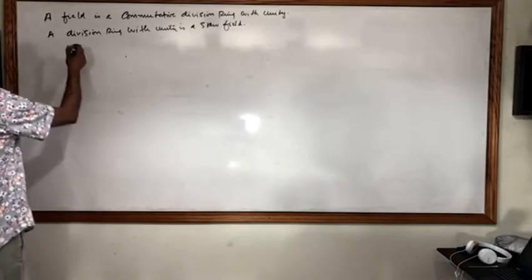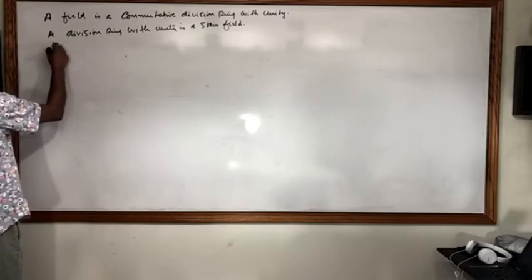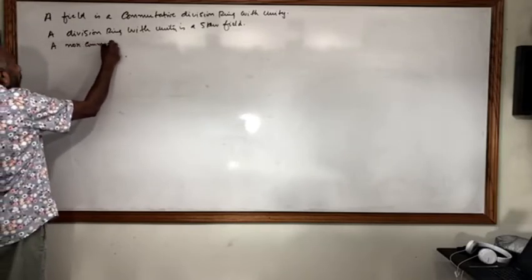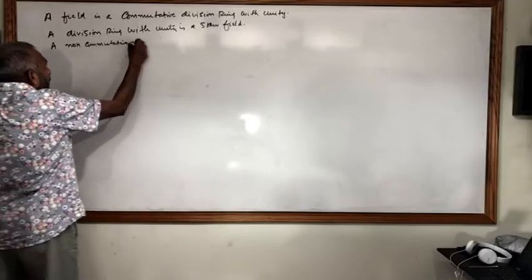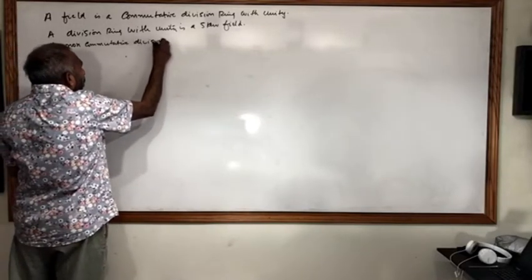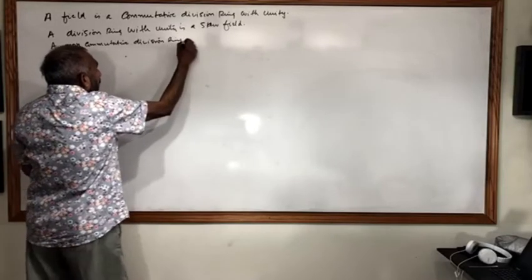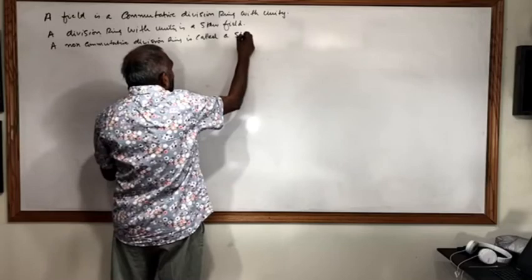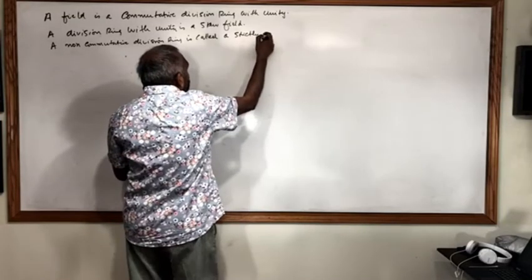But if you are sure it is not commutative, a non-commutative division ring is called a strictly skew field.